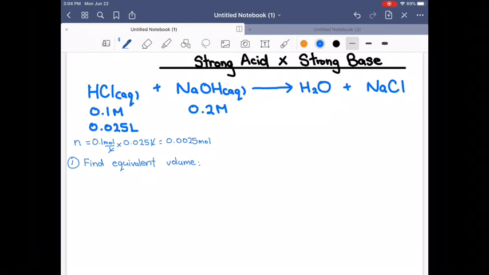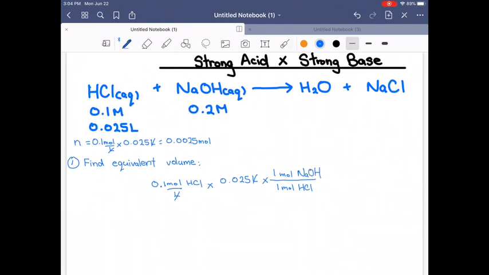To find equivalent volume, you want to know, again, the number of moles of HCl, by multiplying its concentration with the volume that you are given. Okay, given that, we know that for every mole of HCl is equivalent to a mole of NaOH.